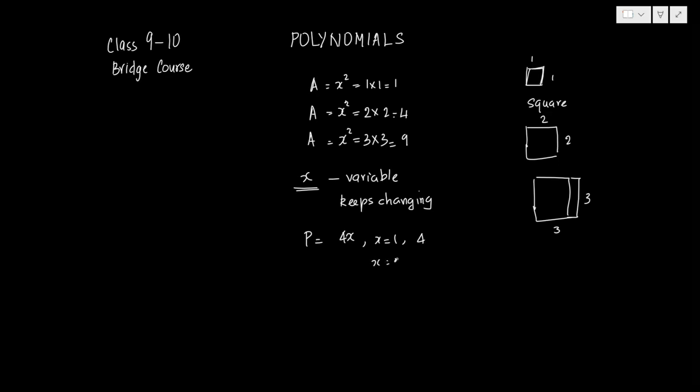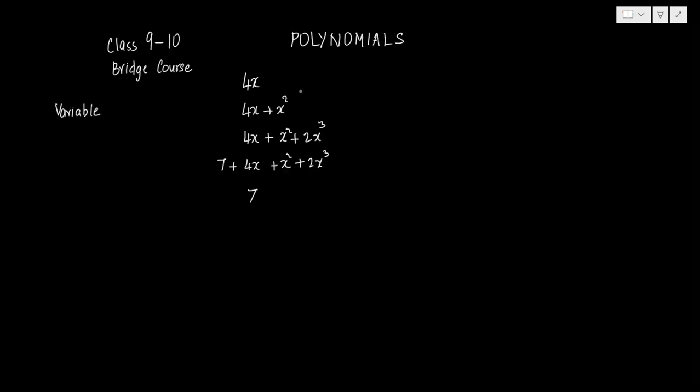When x is equal to 2, the perimeter is 8. When x is equal to 3, the perimeter is 9. So the value of x keeps on changing, and that is the reason we call this a variable, whereas the value of 4 does not change. It is the same throughout. It is part of the formula. It will never change.